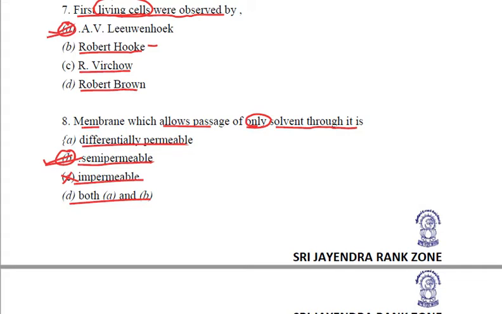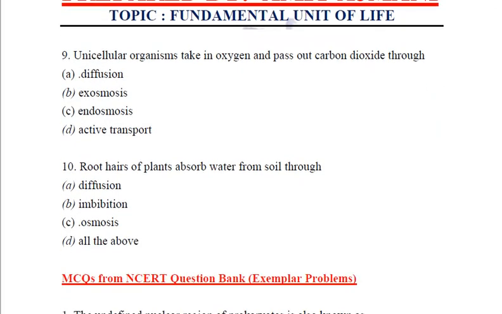Okay, let us come to the next question. Now in ninth question, examiner is asking that unicellular organisms take in oxygen and pass out carbon dioxide. That is the exchange of gases in unicellular organisms that takes place through.